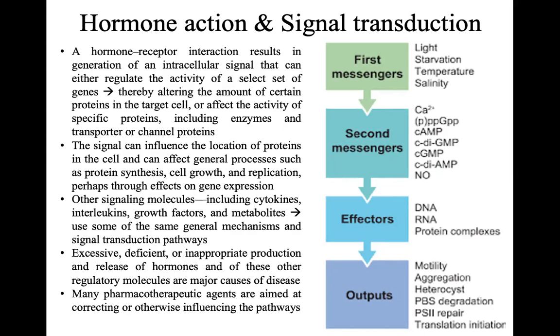The hormone receptor interaction can cause an intracellular signal that regulates the activity of a selected set of genes. These signal transductions can affect the DNA.